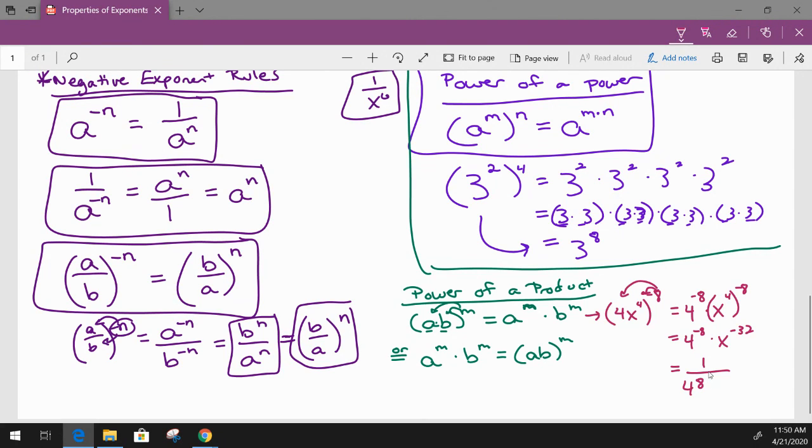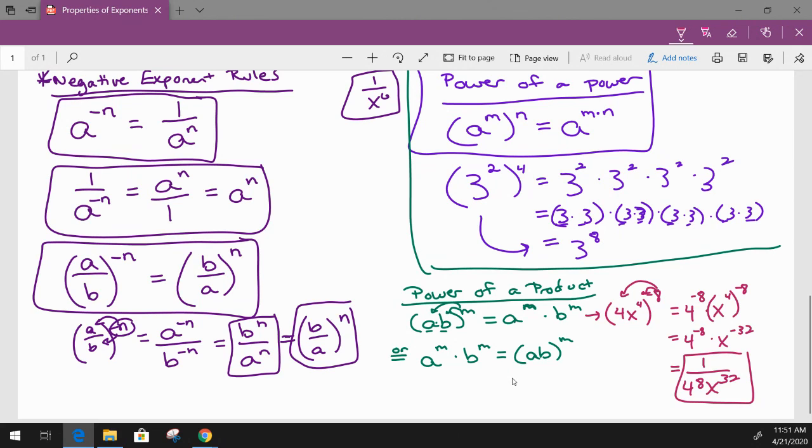So your final answer would be 1 over 4 to the 8th x to the 32nd. Now, 4 to the 8th is a pretty big number. If we had something like 2 to the 3rd down here, you might need to simplify that to 8. But for right now, we're just practicing playing around with these exponent rules. So that would be your simplified form.